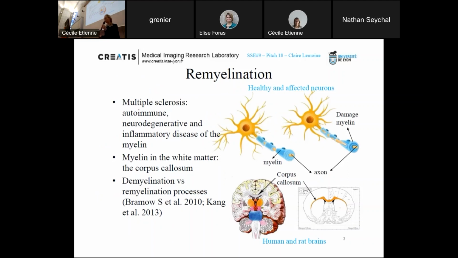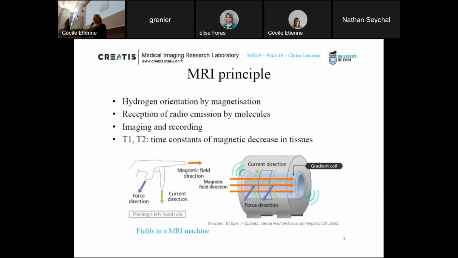So when people suffer from multiple sclerosis, there is a demyelination, and in the aftercare, we want to observe remyelination. To do this observation, we use MRI, and in a nutshell, MRI is the response of hydrogen to magnetization.